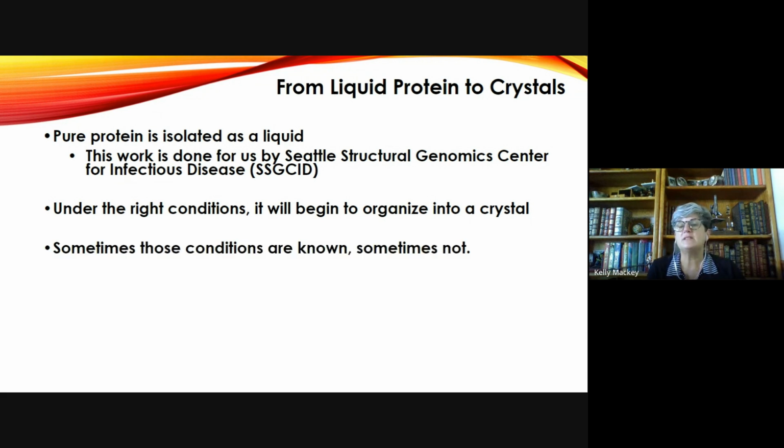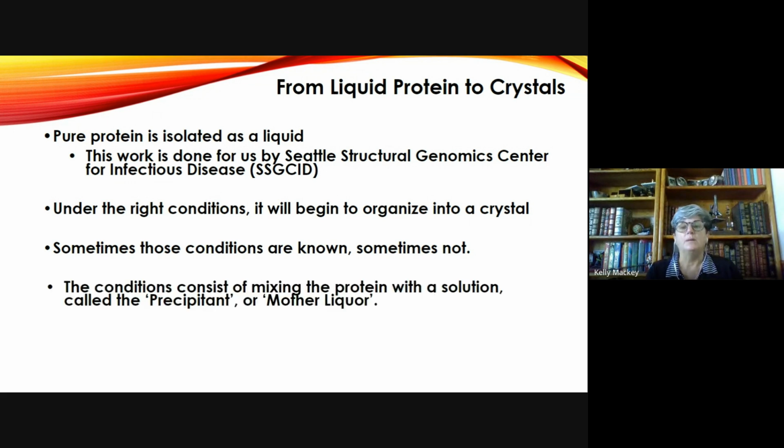Sometimes the conditions that it takes to get these proteins to do this crystal formation are well known, and sometimes they're not. Sometimes scientists have to play around with what it's going to take to coax this protein into this formation. The conditions could include temperature, which can be room temperature almost all the time.